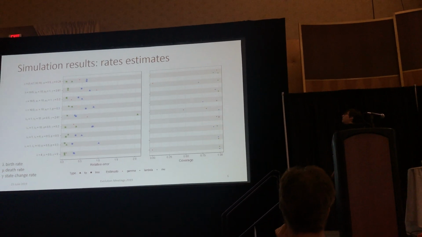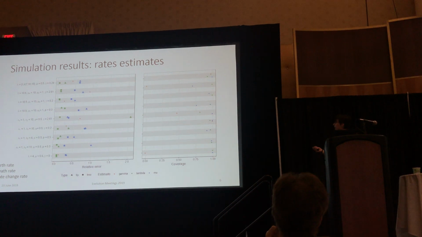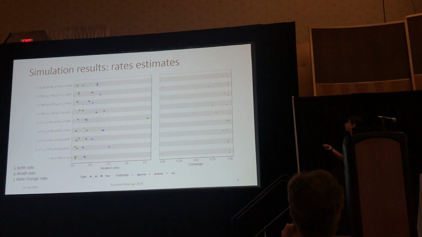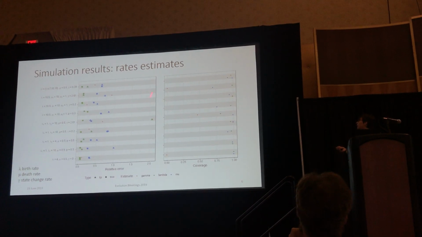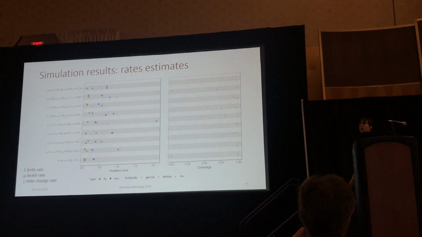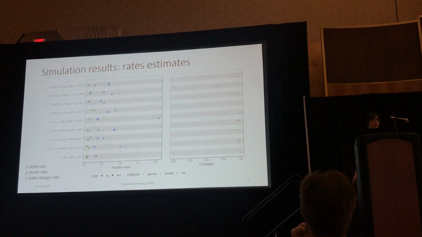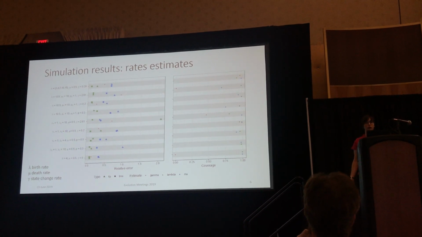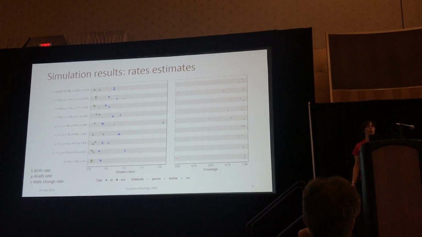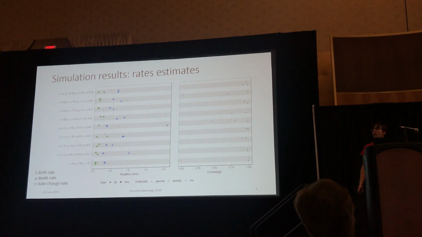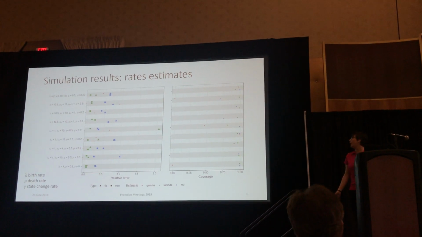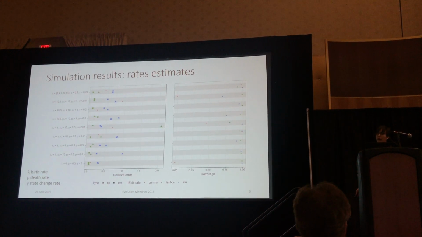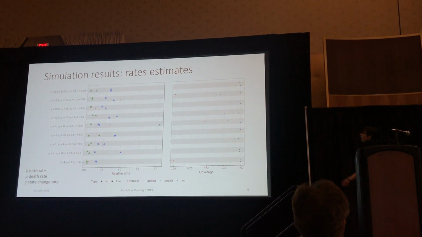And these two datasets where the coverage is also pretty bad are datasets where the true gamma is high, so there are a lot of state changes on these trees. In these datasets, gamma is underestimated because some of these state changes will lead to states that will only be on the tree for a short amount of time. So there will only be maybe part of an edge or one or two edges. These are really hard to estimate, so we may not be able to find them, especially if they happen closer to the tip. So this is the explanation.